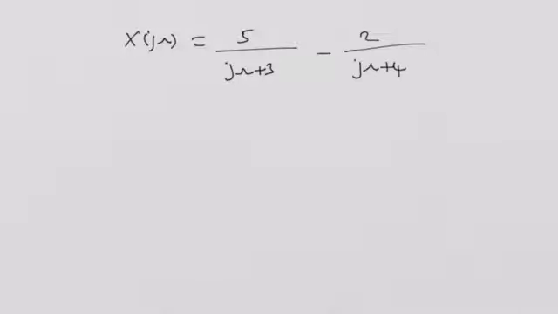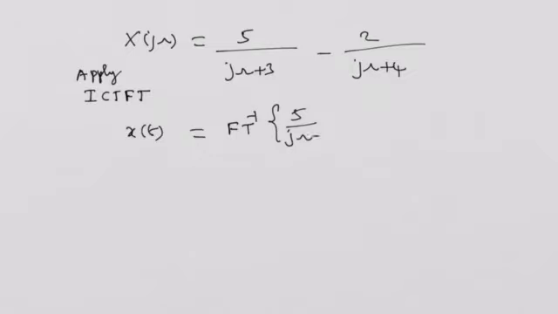If you apply the inverse Fourier transform for continuous time signals on both sides of the above equation, I'll find out X of j omega with the help of inverse CTFT, and I'll obtain x of t. When I take the inverse Fourier transform of the right hand side terms, the first term is 5 divided by j omega plus 3, the second one is 2 divided by j omega plus 4.